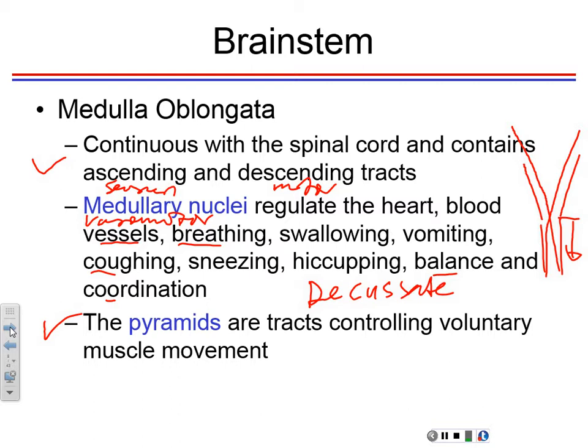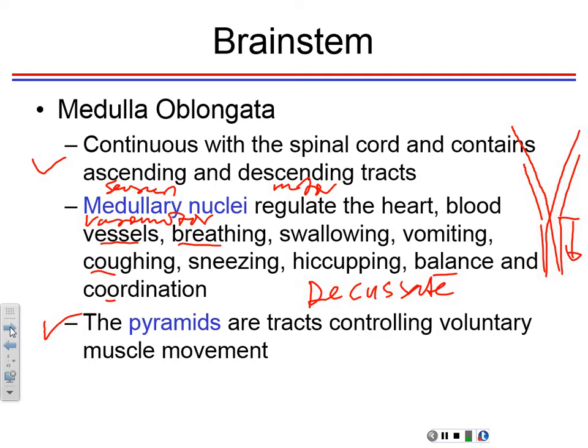So the left part of the brain controls mostly the right part of the body, and the right part of the brain controls the left body parts. If you injure your head on this side, you're going to affect function on your right arm. For the most part, the left cerebral hemisphere is the dominant one, even in left-handed individuals, because the tracts cross over.